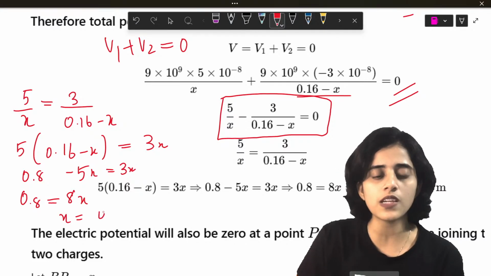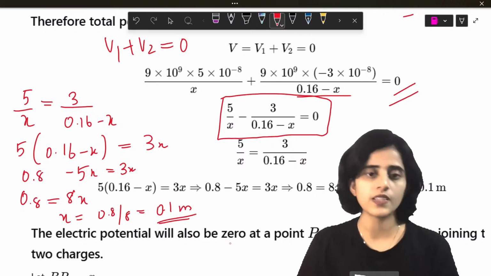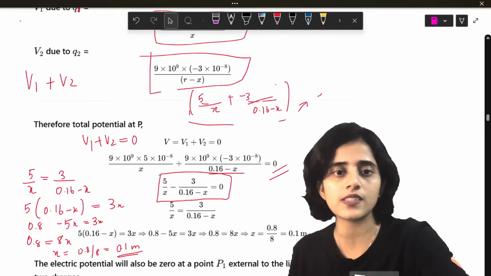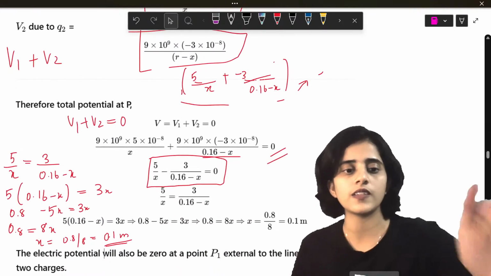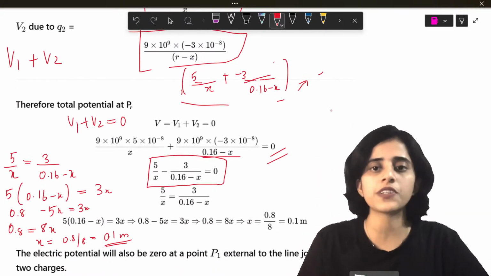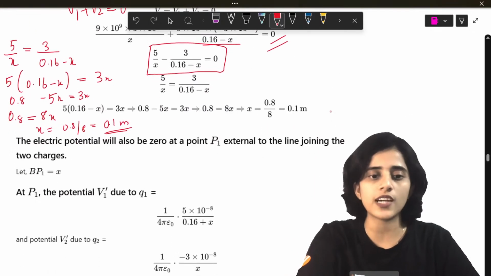So x should be 0.8 by 8, which is 0.1 meters. So the electric potential will be 0 at point P, joining the two charges.